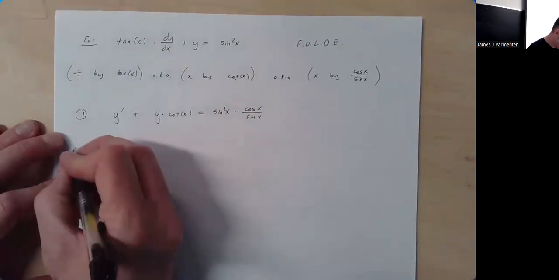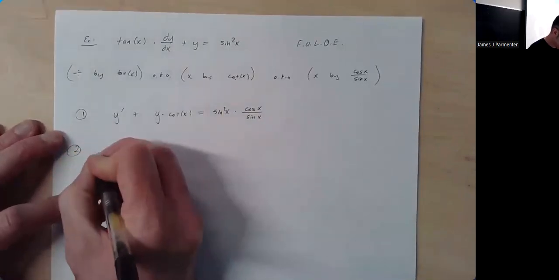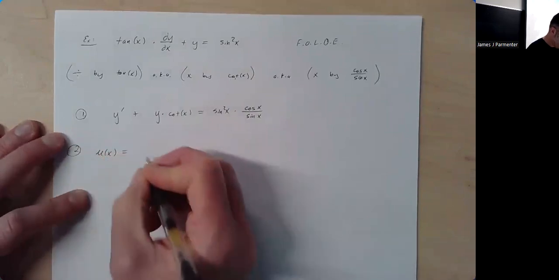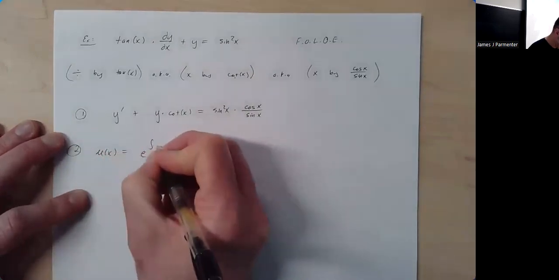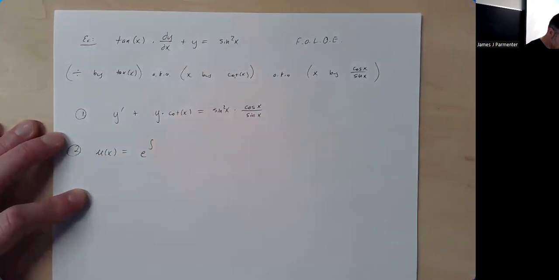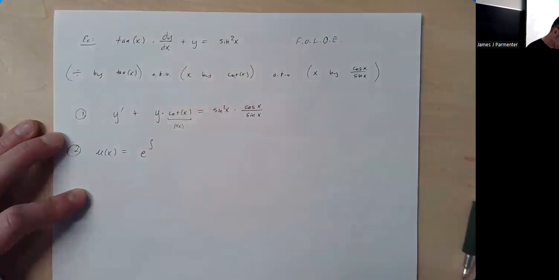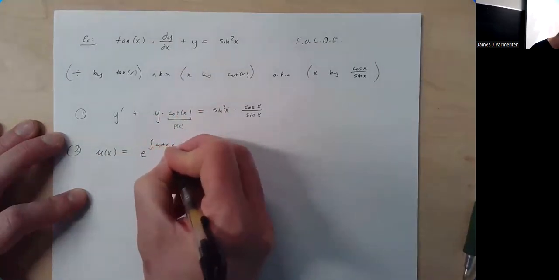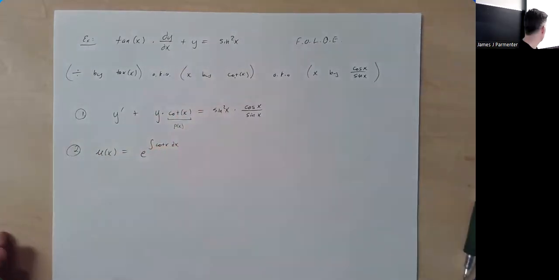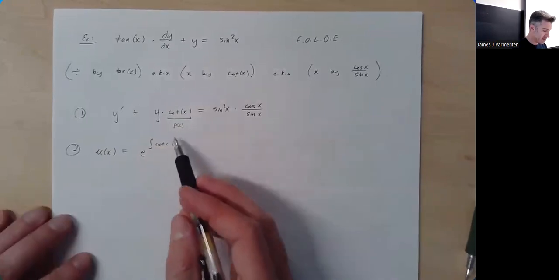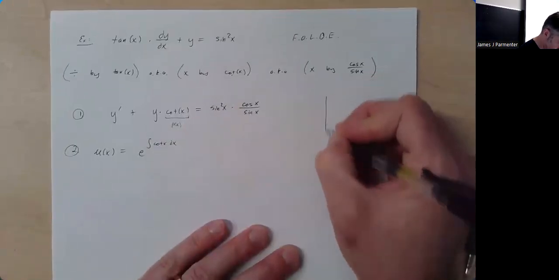Okay, so now for the integrating factor. Mu of x is equal to e to the integral of our p of x, which is just cotangent of x. Do we remember what the integral of cotangent is? It's okay if you don't. But it might be easier to see if you write it as cosine over sine.